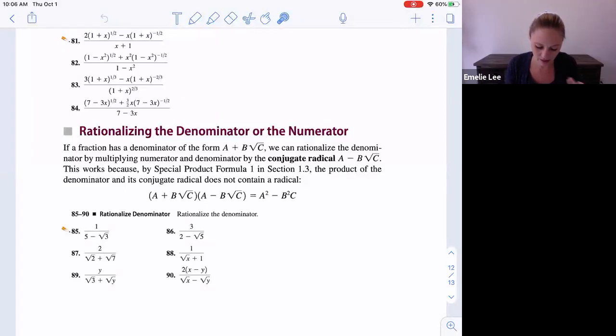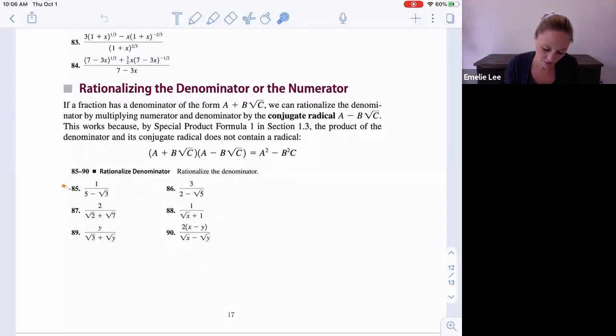So what we mean by rationalizing the denominator is if you have something like 5 minus root 3, or even root 2 plus root 7, if you want to get rid of this root, and we've already seen this similar situation before, then what we do is we multiply by the conjugate radical, meaning if we have 5 minus root 3, what we do is we multiply by 5 plus root 3 to get rid of this root.